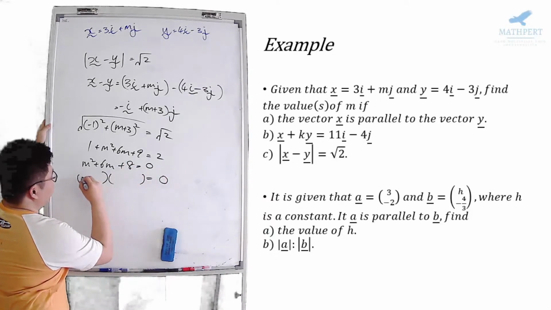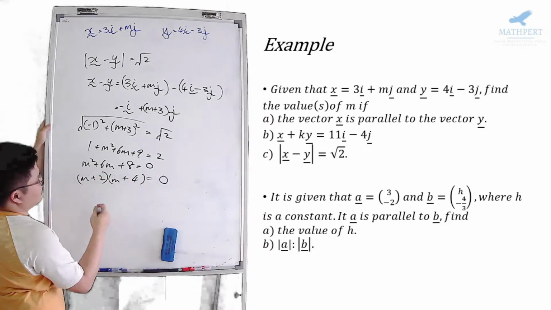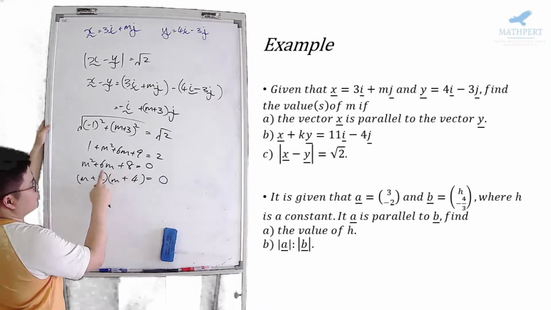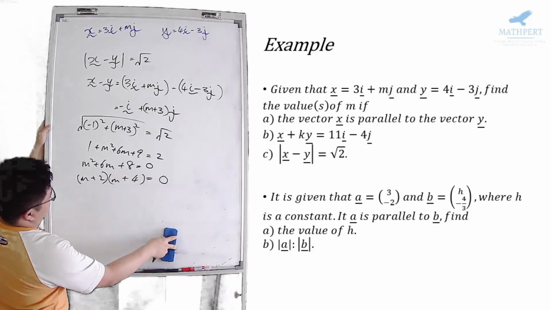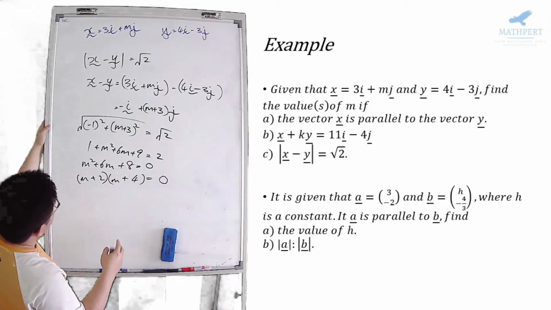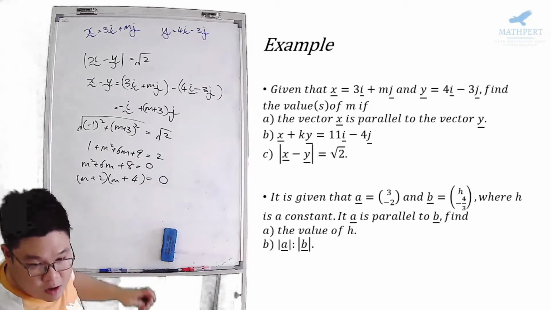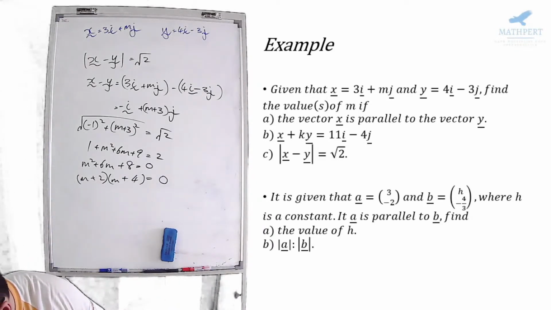Factorize it, m, 4 and 2, plus, plus. So m square. 2, 4, I get 8. So 4m plus 2. Hold on a second. Did I copy it correctly? Let's see.